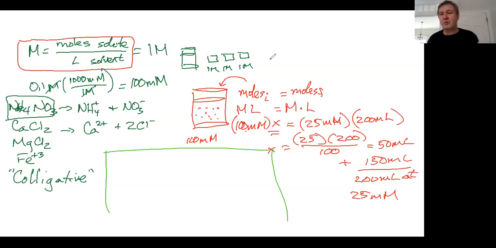Let's take that 25 millimolar and make 20 millimolar. So I start with 25 millimolar solution. I'm going to add some amount of that to a graduated cylinder because I want to make 20 millimolar at, let's say it's a small graduated cylinder, 10 mils. So I'm going to have a total of 10 mils.